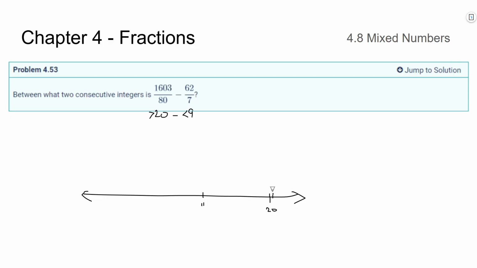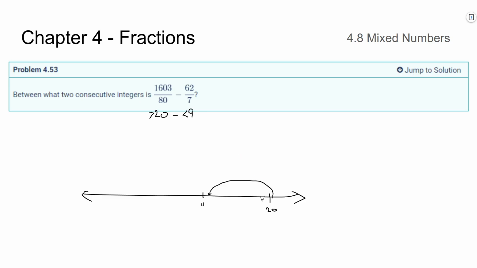So we're going to be a little bit closer to 20. But it's not taking away 10. Or rather, it's taking away more than 8. It is less than 9, but more than 8.